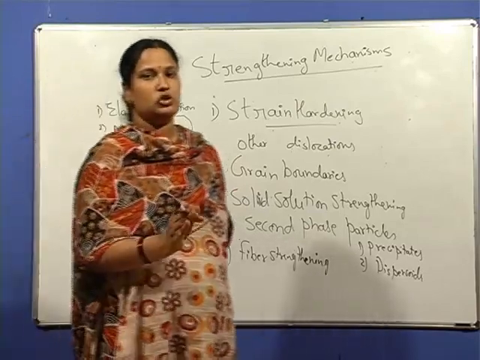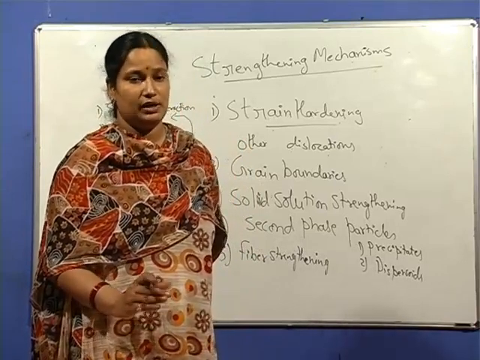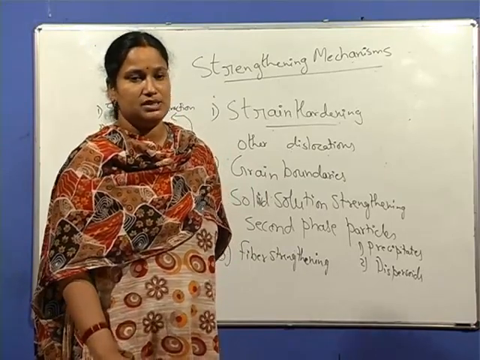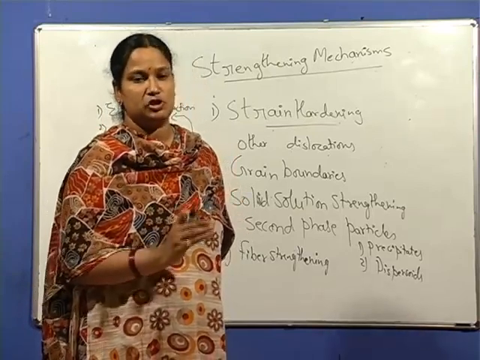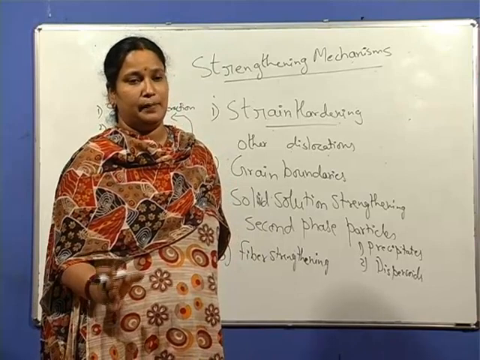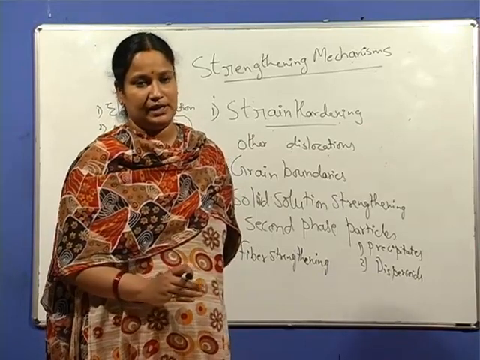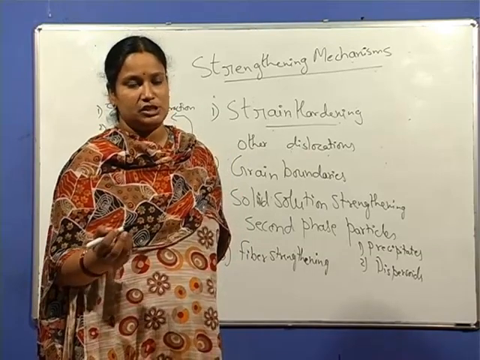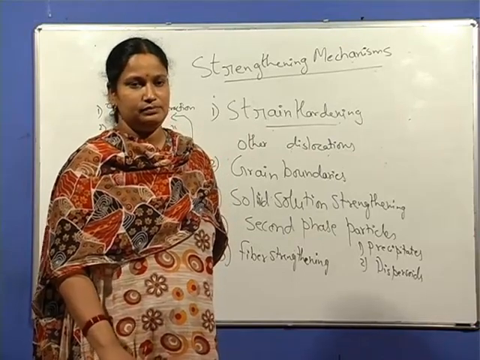Among the two types of solute elements, interstitial and substitutional, interstitial solute elements contribute more strengthening than substitutional, because they cause more distortion. The distortion created by interstitial solute elements is non-spherical, whereas the distortion created by substitutional solute elements is spherical.